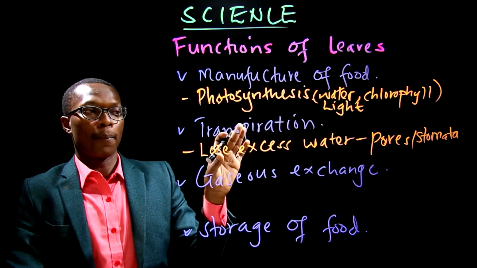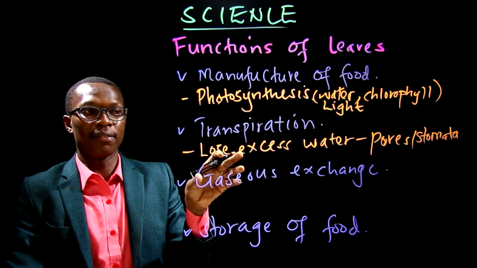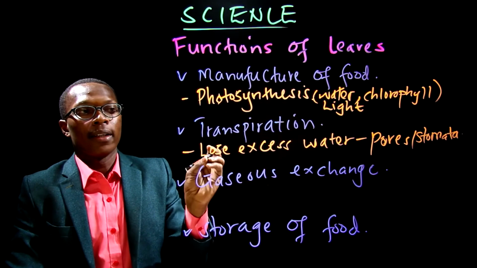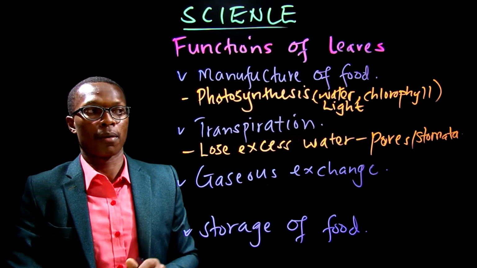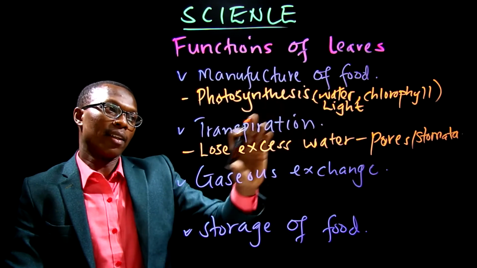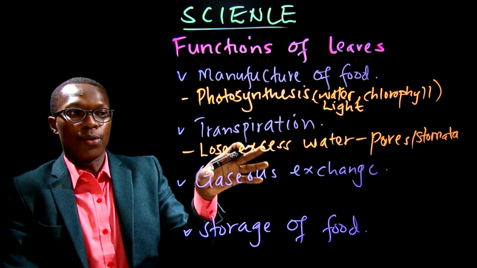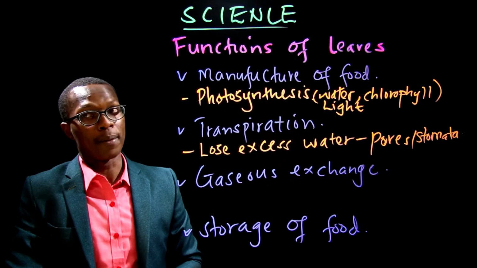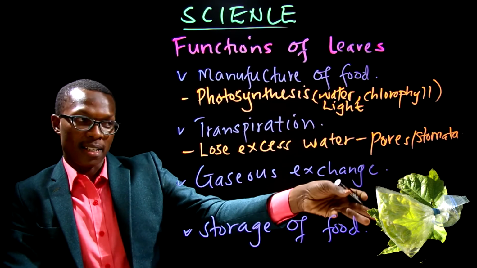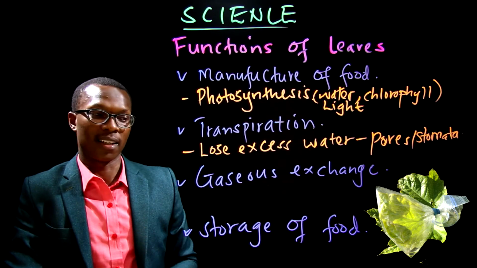Those are small pores found in the leaf, and this is how the excess water leaves, through those small holes, pores or stomata. This process whereby the leaf loses excess water is called transpiration. I hope it's clear. Plus the image makes it even simpler.